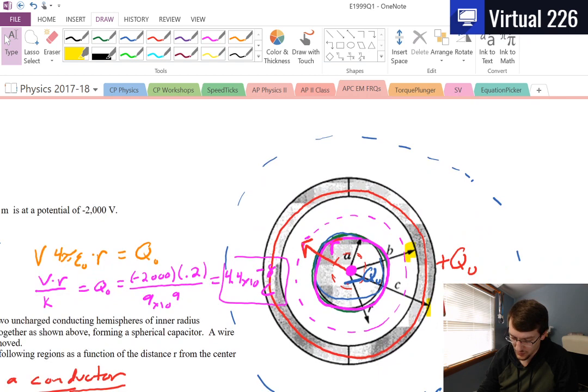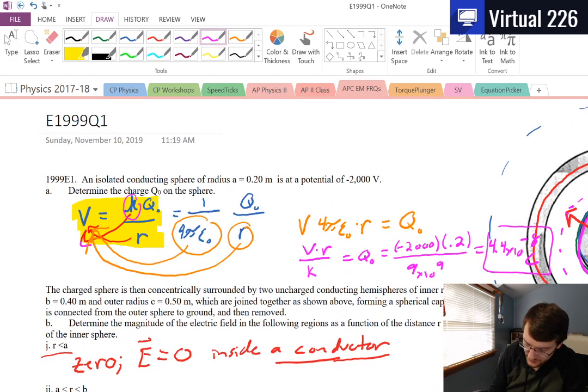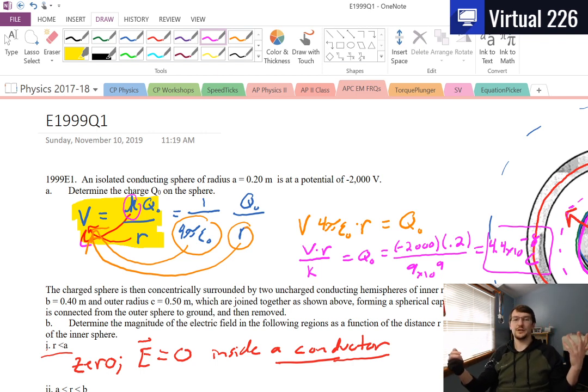So we know what the electric field is from a point charge: E equals kq over r squared. And we already know what q is, this q naught, that's the negative 4.4 times 10 to the 8th coulombs. And r squared is just some value that we're finding this as a function of.